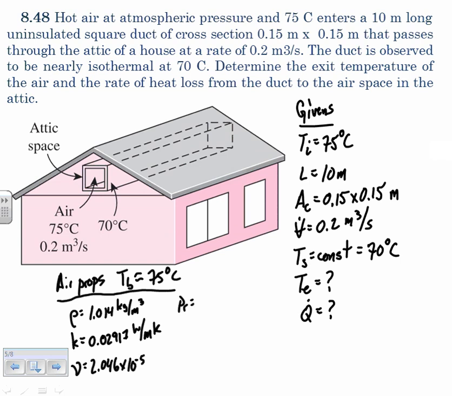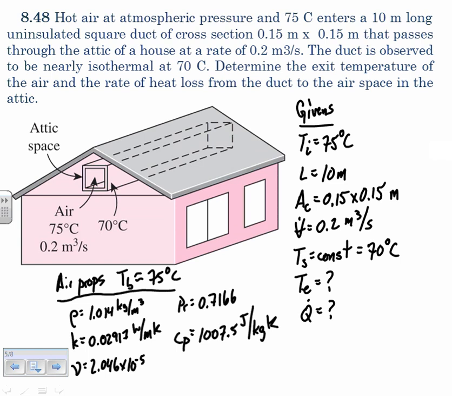My Prandtl number is equal to 0.7166. And my CP value, my specific heat, is 1,007.5 joules per kilogram Kelvin. All right. So that's all my givens.